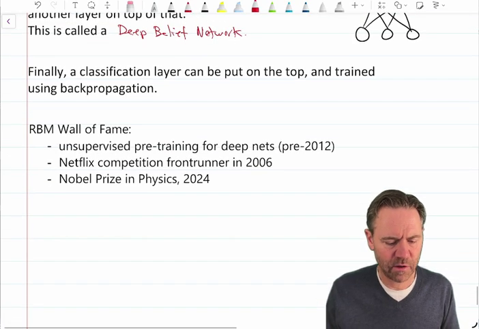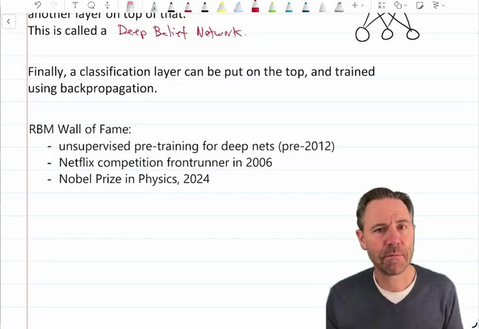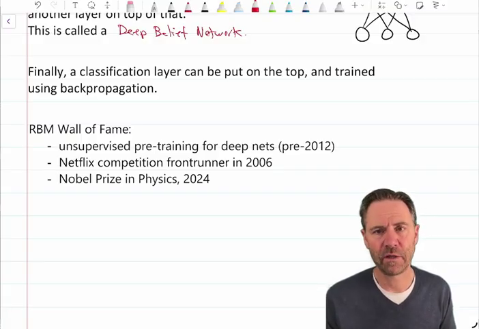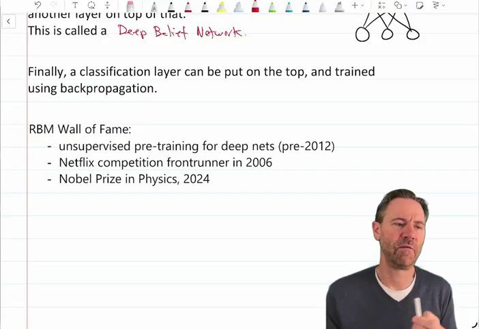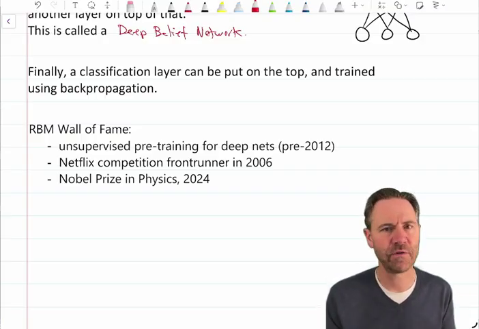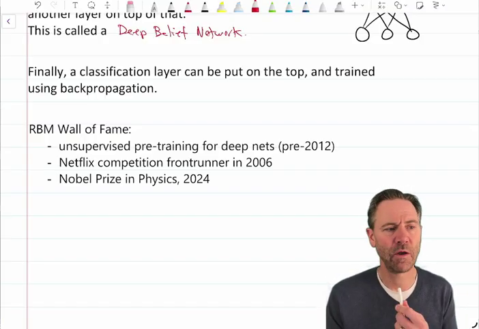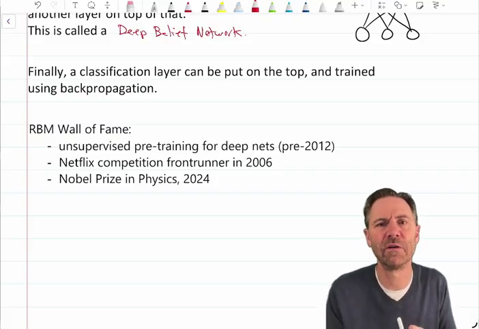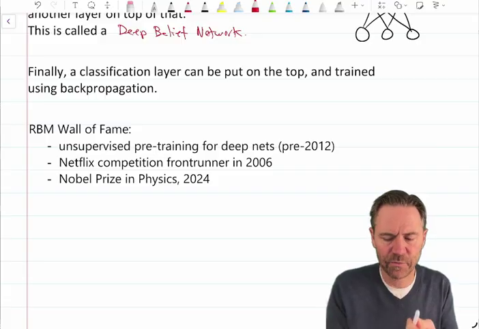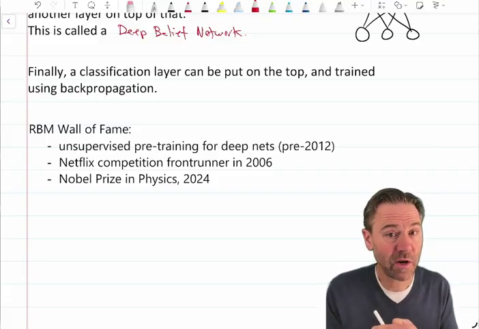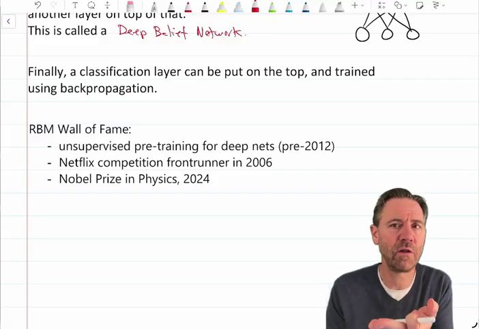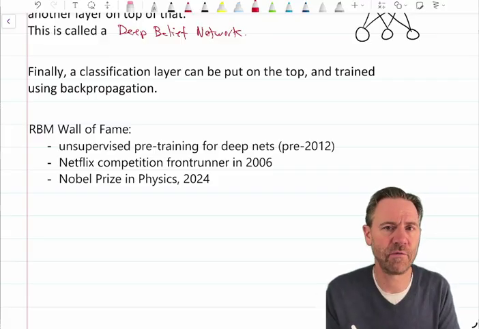So the restricted Boltzmann machines had a pretty big impact. Early on, when people were playing with neural networks, it was really difficult to train deep networks because of the vanishing gradient. People didn't have enough data. They weren't necessarily using the right activation function, so it was really hard to train deep networks. This was a way to pre-train a network to come up with really good, solid hidden representations of your data.